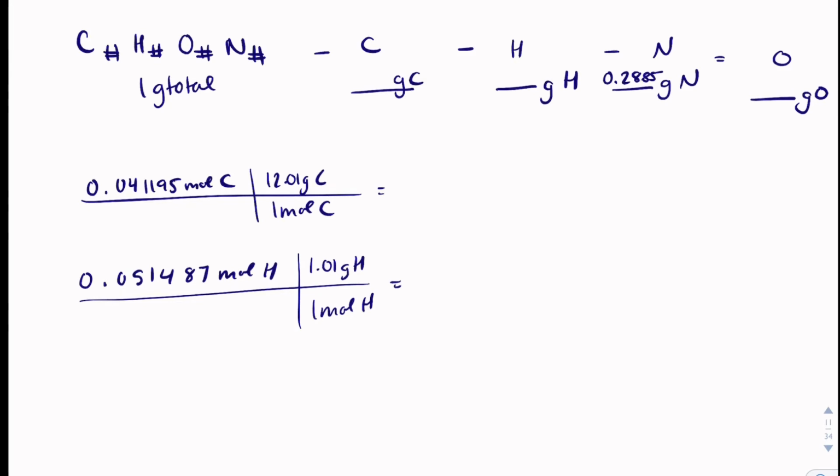I get 0.49475. I mean, I could keep going. It's probably not necessary. And then 0.051487 times 1.01, I get 0.0520 grams of H. I'm going to plug those in, 0.49475, 0.0520.